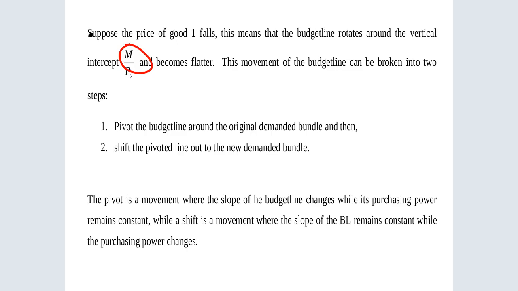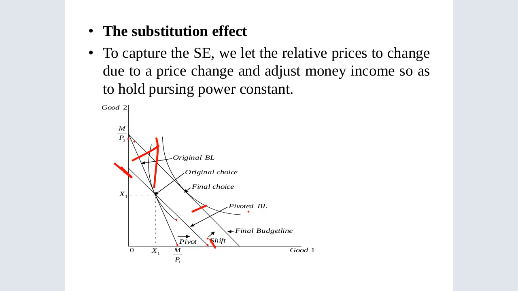Now the pivot is simply a movement where the slope of the budget line changes while its purchasing power remains constant. And a shift is simply a movement where the slope of the budget line remains constant and the purchasing power changes. Once the budget line pivots, there is a change in the slope, which means a change in the rate at which one good is exchanged for the other.